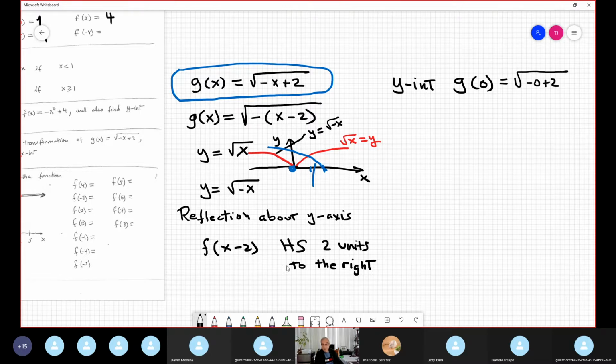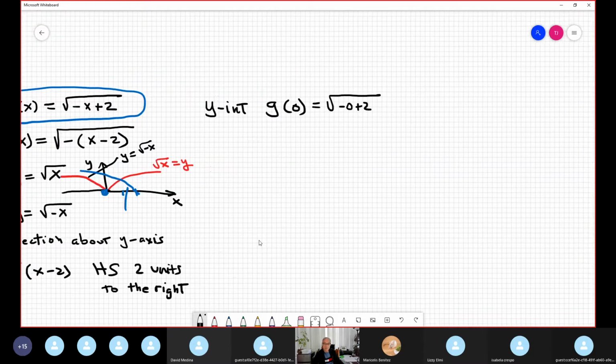Minus 0 is 0, the 0 has no sign. This is radical 2, and radical 2 in decimal is approximate. This is an irrational number, 1.41 approximately. Therefore, the famous point is the point 0, 1.41. That point.